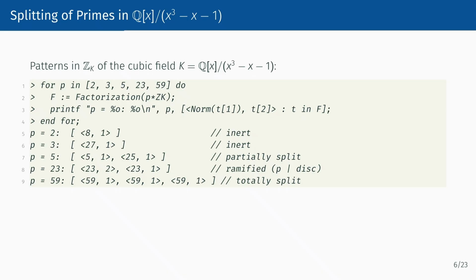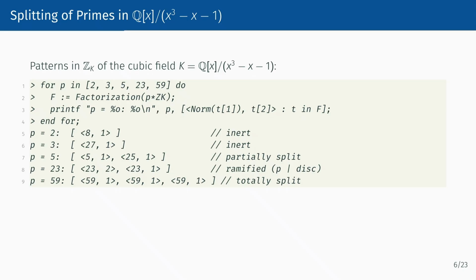So here I just sampled a bunch of primes. You can start, say, by 2, 3, 5, and see how they factor. For every prime, I wrote down the norm of each of the prime factors in this cubic field.